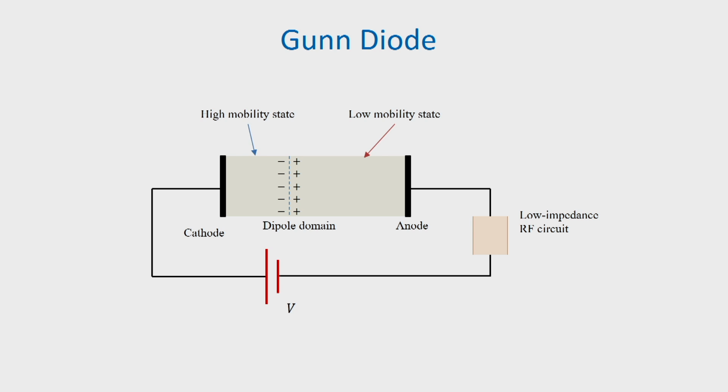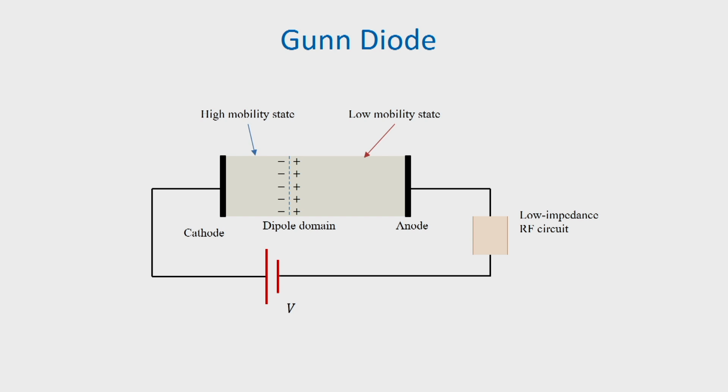Now, when the device goes into this negative resistance mode, the operation of the device is described in terms of formation of a dipole domain.